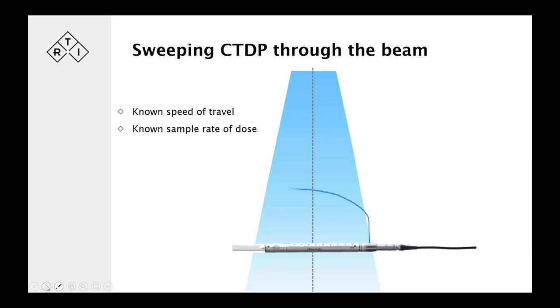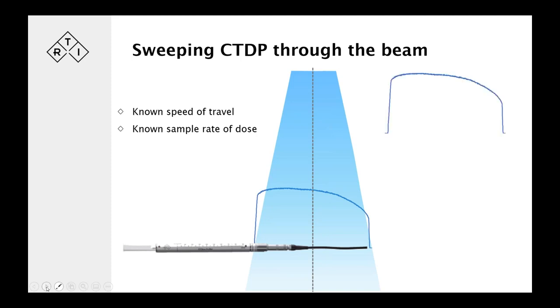We poke it through the beam, and that's the signal we get from the chip, the response. And through that, we can calculate and get the full width half maximum, since we know the speed of travel and dose rate, etc.